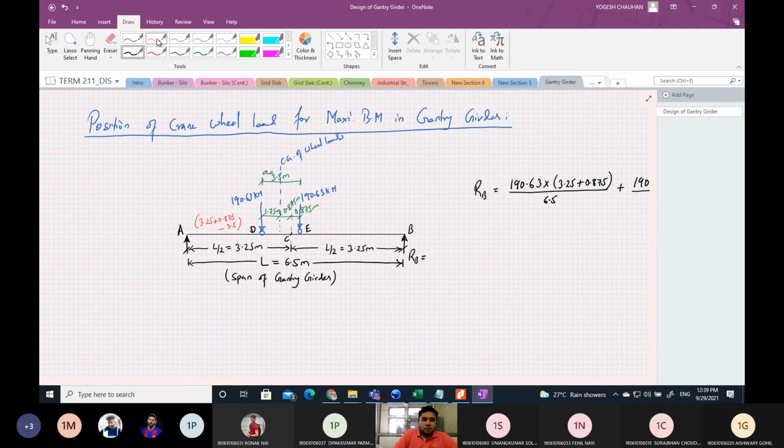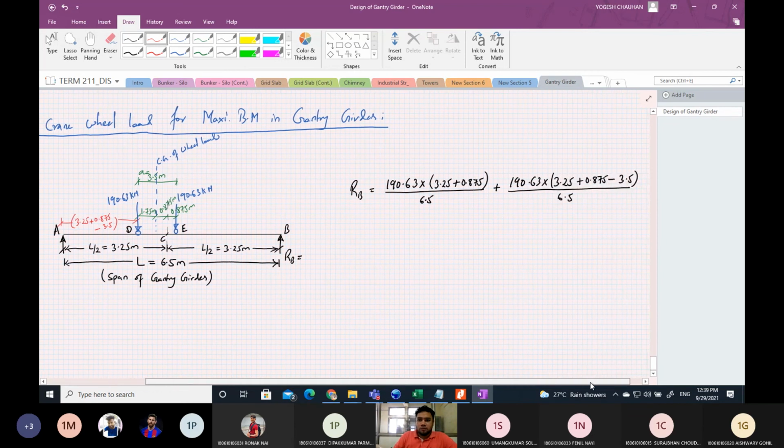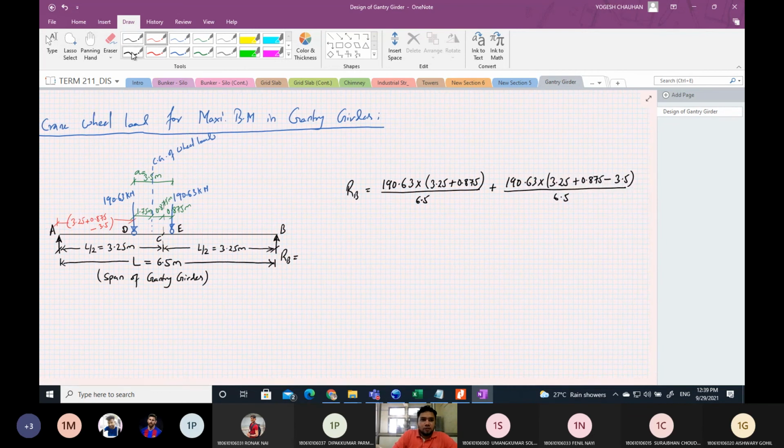This is the distance of this wheel load from the support A. So this reaction will be, just verify this value, 209 kilonewton.